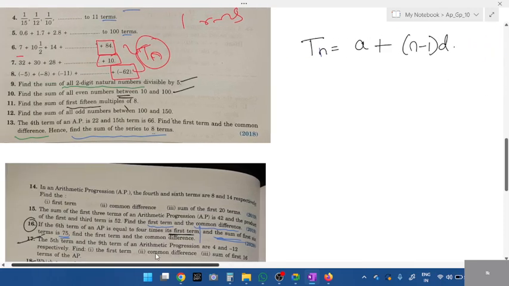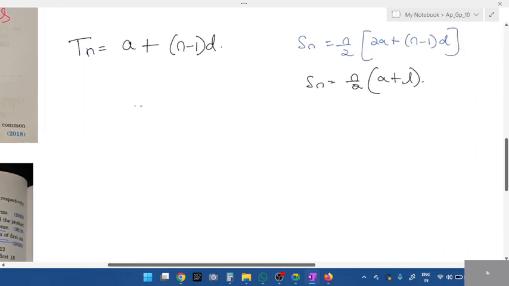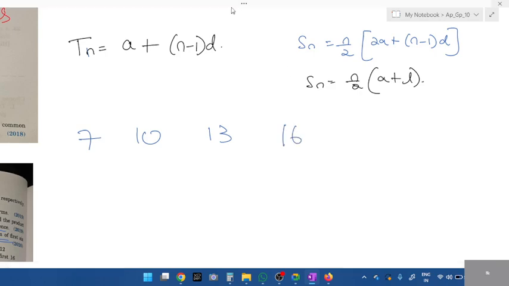Okay, now back to this question. Let me take some values. 7, 10, 13, 16. What are these, students? 7, 10, 13, 16 are values, right? Respond all of your values. These are known as values. Okay, I'll give dot, dot, dot, and we don't know.